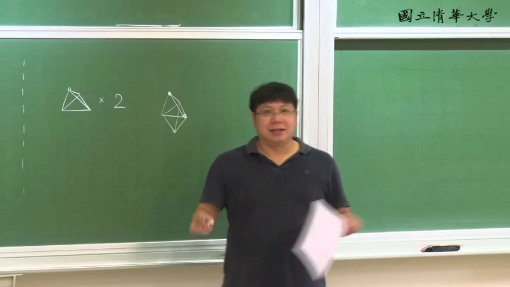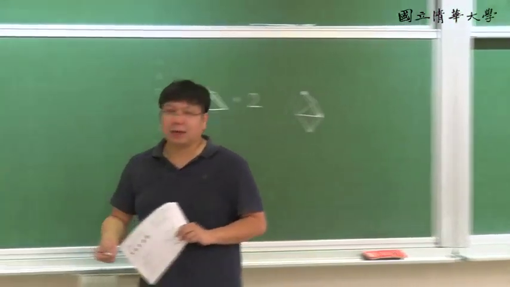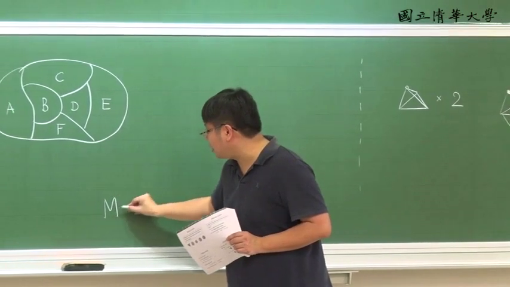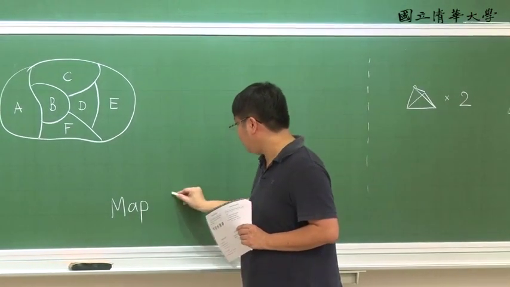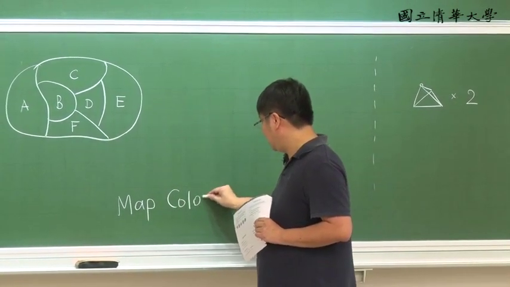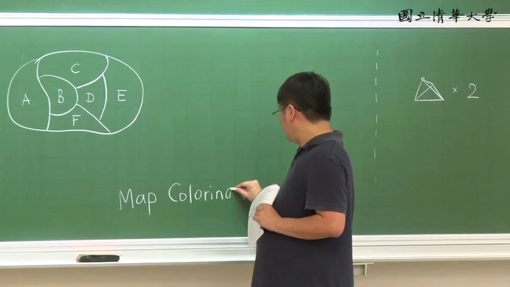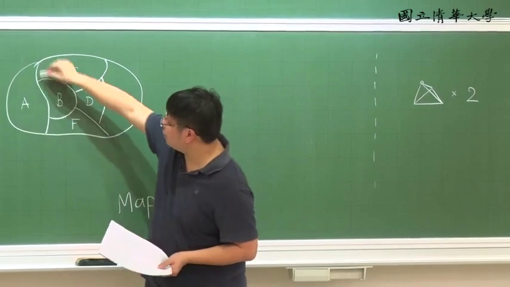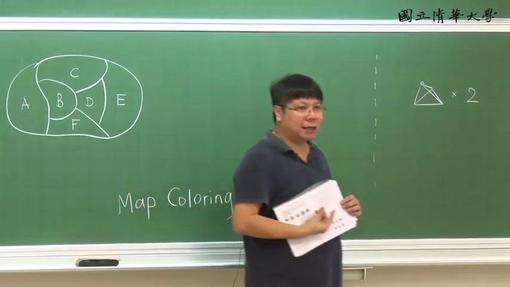Okay, now let's talk about a new thing. We are going to talk about how to do coloring of a map. So we are doing map coloring. Let's say this is a map, and each of these regions corresponds to a certain country.